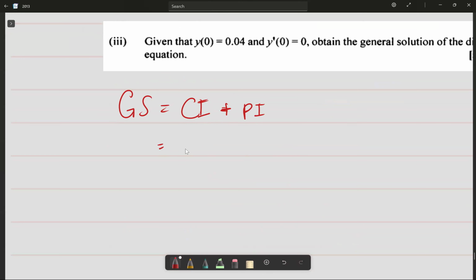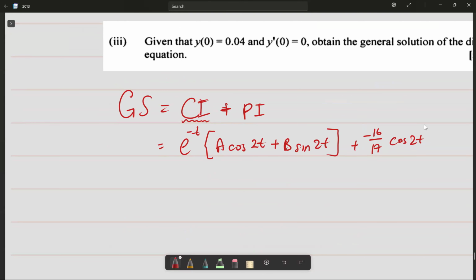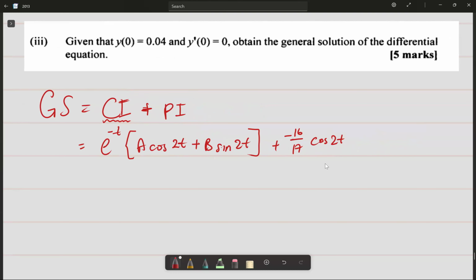So that becomes e to the negative t, open bracket, a cosine of 2t plus b sine of 2t. This is from the complementary solution, plus the particular integral, which is negative 16 over 17 cosine 2t, plus 4 over 17 sine 2t.